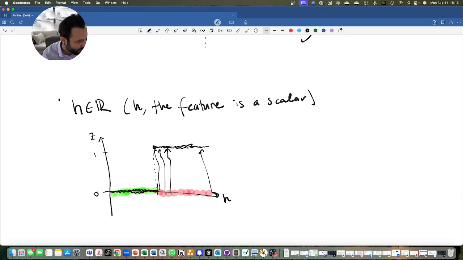Notice how I'm trying to mark all of them one and all of these zero, and I have no mercy for the samples that are supposed to be somewhere near the decision boundary. In this setup, I have no means of representing some kind of uncertainty or probability.